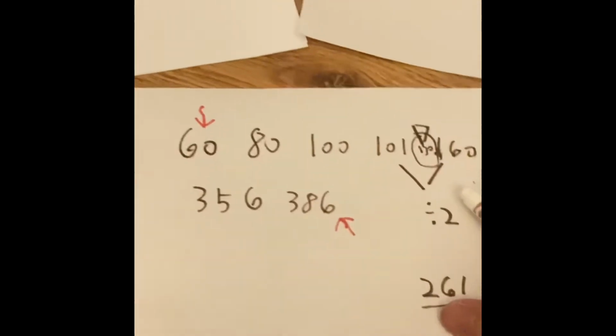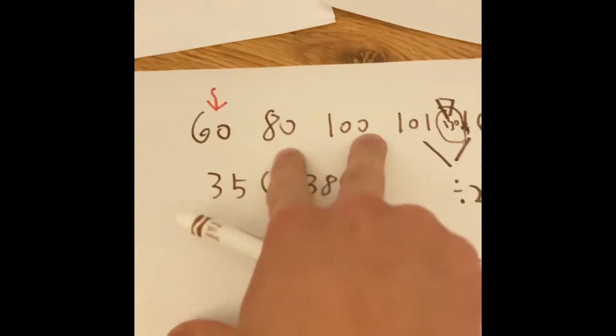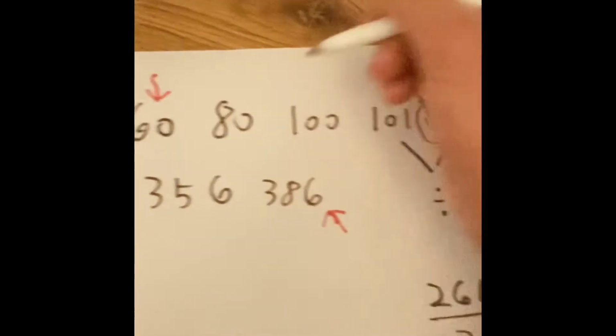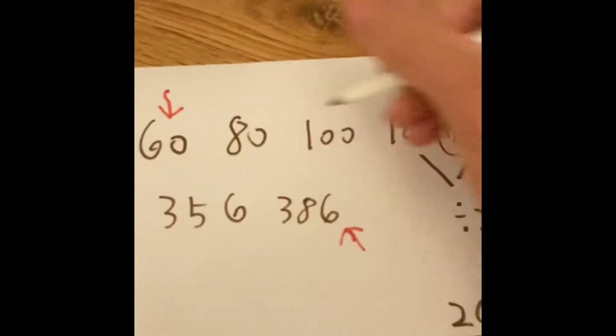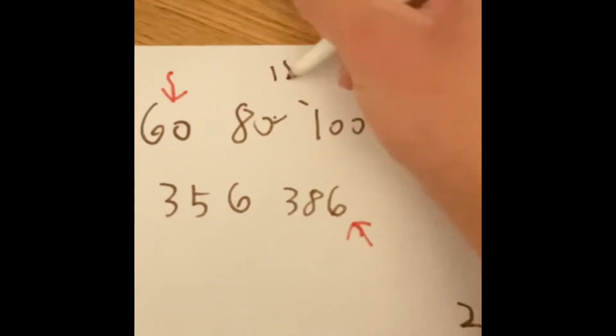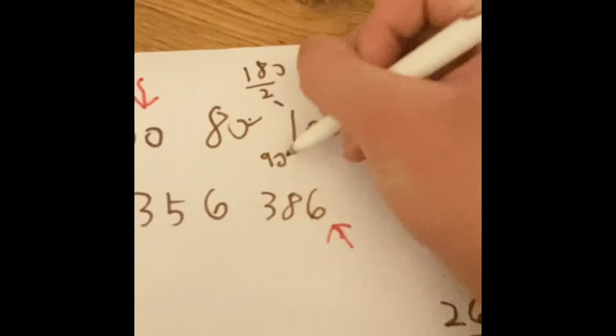So let's do the first. We count 101 and 60. So we have 80 and 100. Just like finding the median, we want one number. So this plus that is 180. Divide that by 2, we get 90 points.